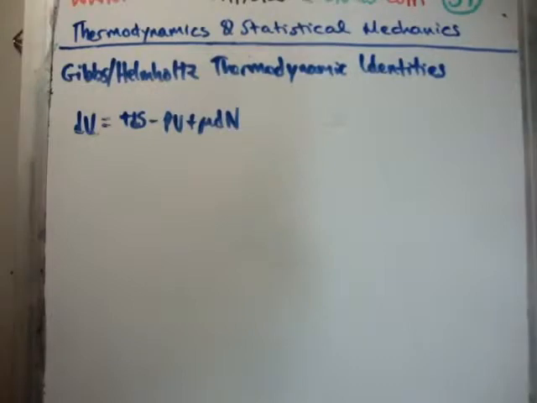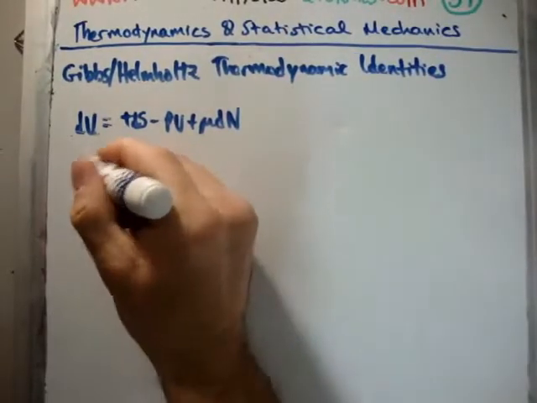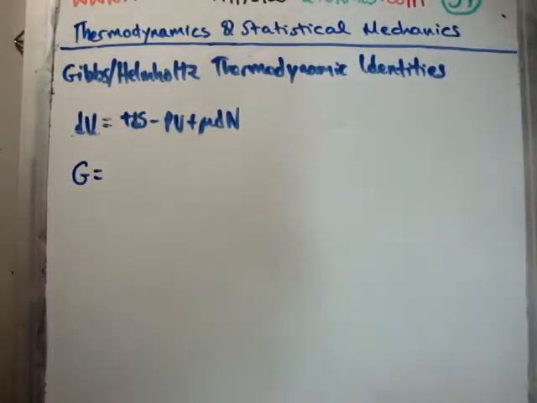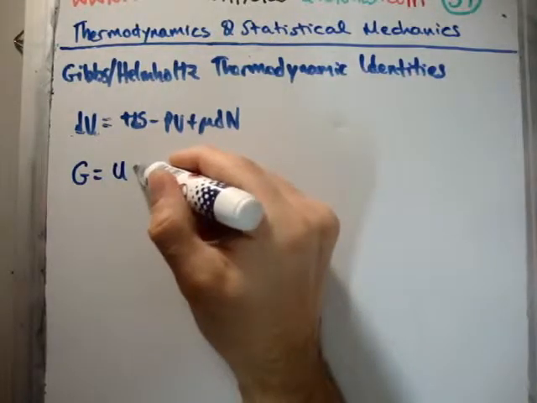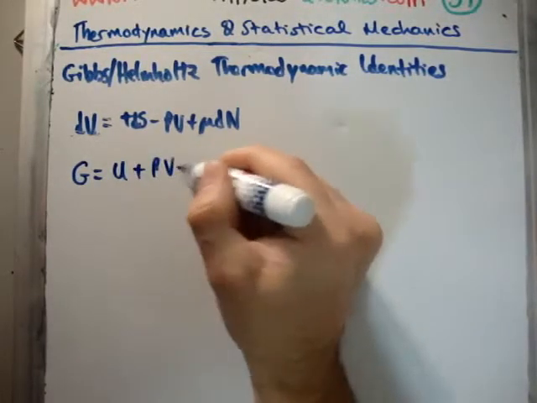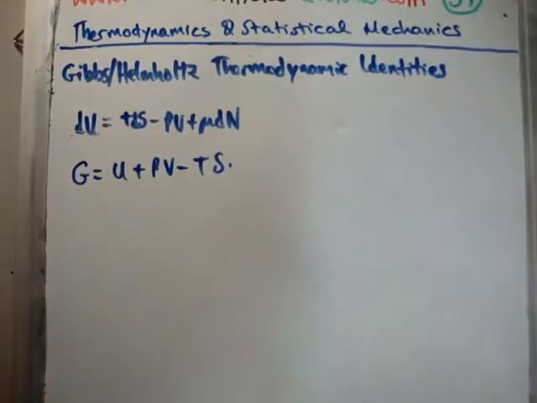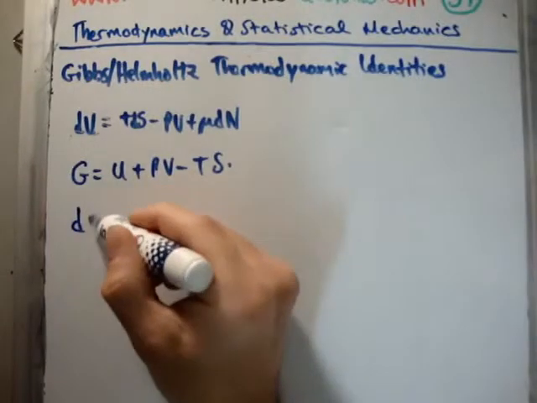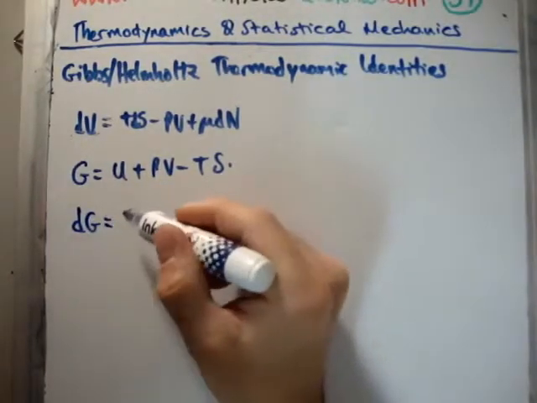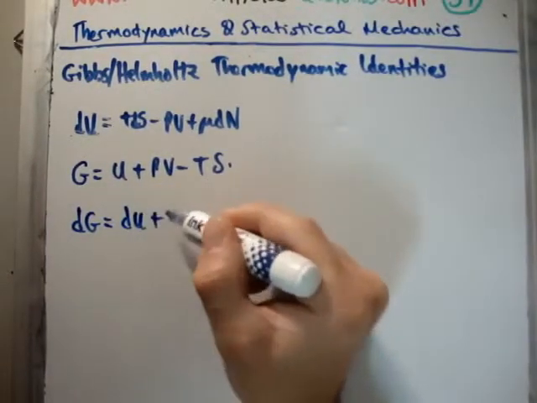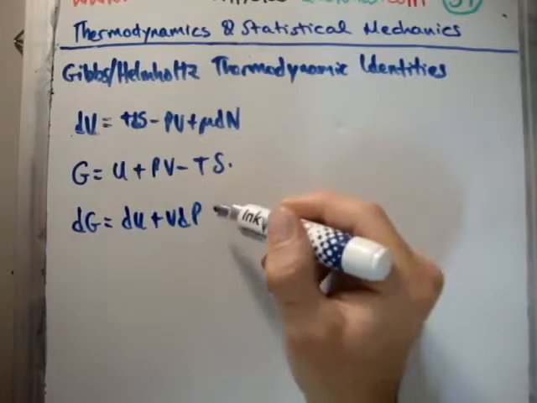Next let's look at the Gibbs free energy. This time we're at constant pressure and constant temperature. That's going to be equal to U plus PV minus T times S. We know what dG is at this stage, you've done it 20 times, but if you plug in all the values, you get dG is equal to dU plus VdP.